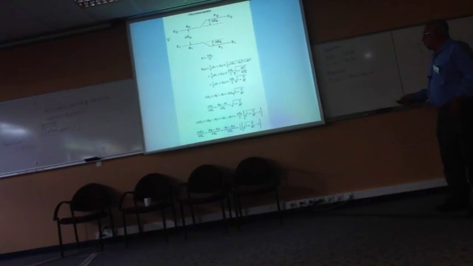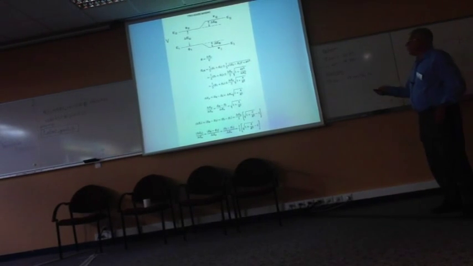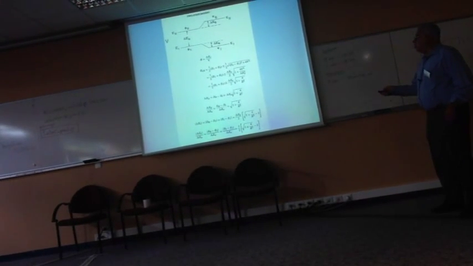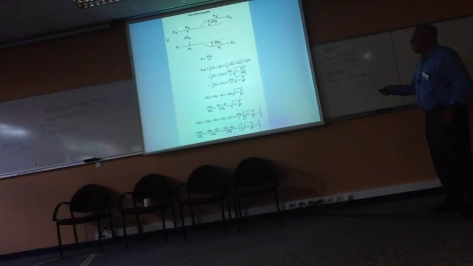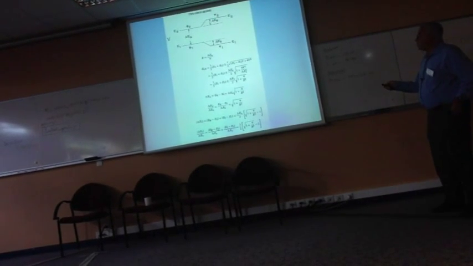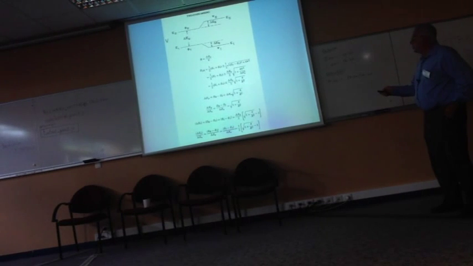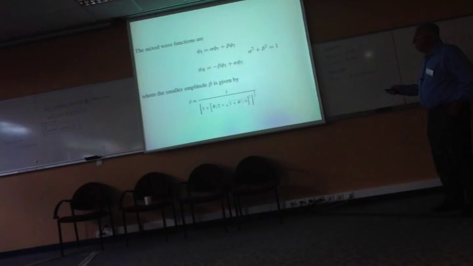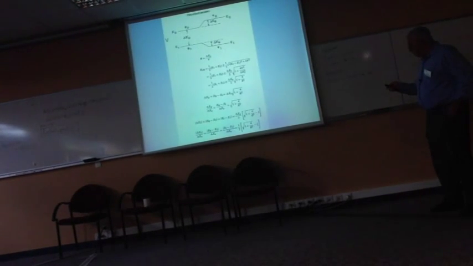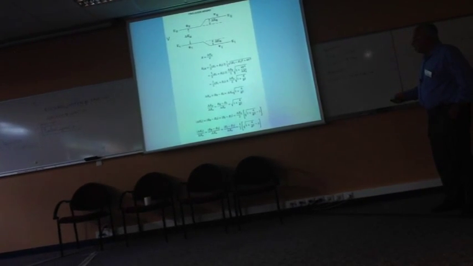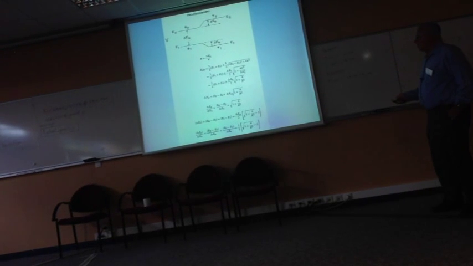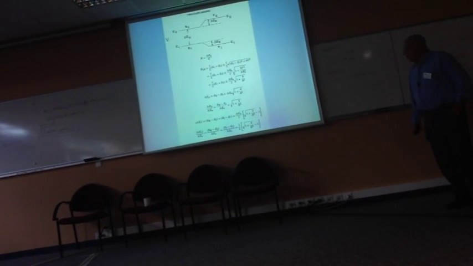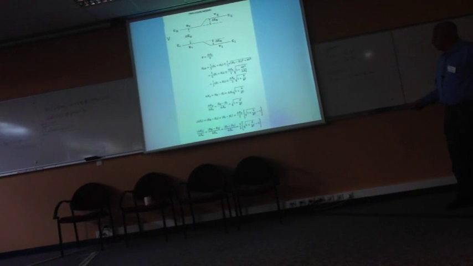And now if I write the perturbed energy difference in units of the unperturbed, I get this, that the perturbed energy separation in units of the unperturbed is just the square root of 1 plus 4 over R squared. Okay, you can go through the rest of this if you want.